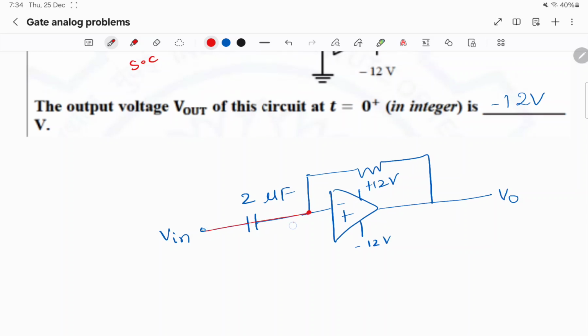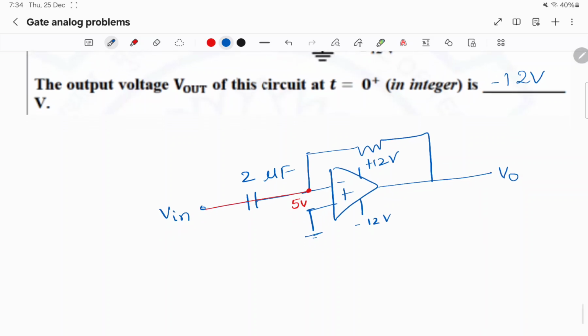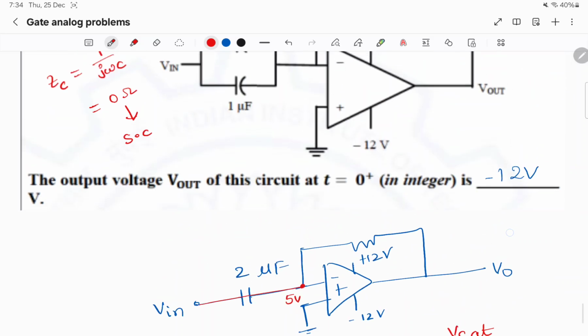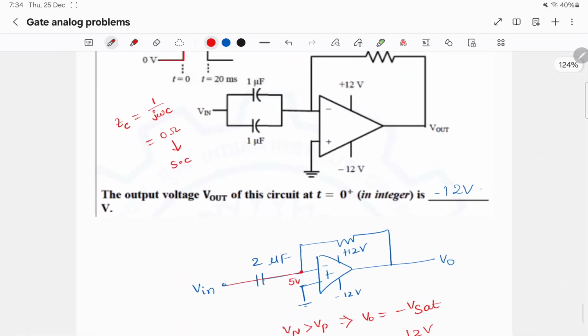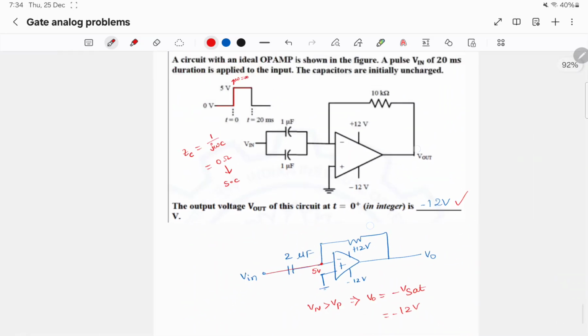So at t equals 0, it will be 5 volts, and this is connected to ground. Since Vn is greater than Vp, the output voltage V0 will be negative Vsat. Here negative Vsat is minus 12 volts. So at t equals 0 plus, the output voltage is minus 12 volts.